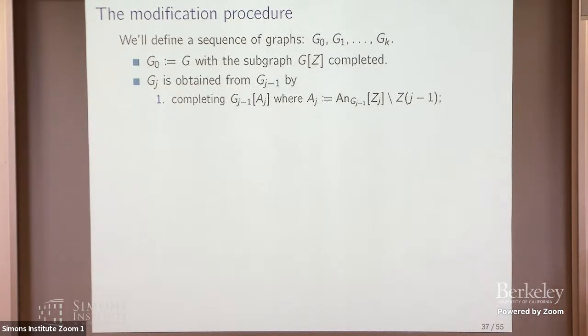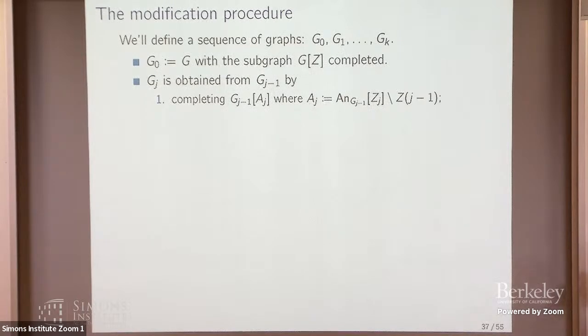So first, we're going to look at all the ancestors. So Gj is going to be constructed by doing stuff with Zj, the jth Z vertex. So we're going to look at all the ancestors in Gj minus 1 of Zj, and then we're going to remove the other Z vertices.